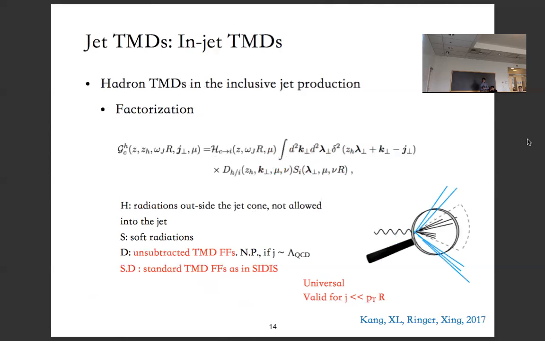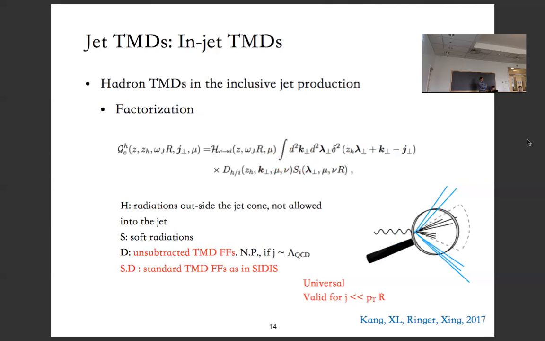What do you mean by extracting? One thing is that you have a formula in which you write the convolution of functions. But my question is phenomenological: do I know the D function, the TMD fragmentation function, from this kind of measurement? For the Collins function, this is the fragmentation function.